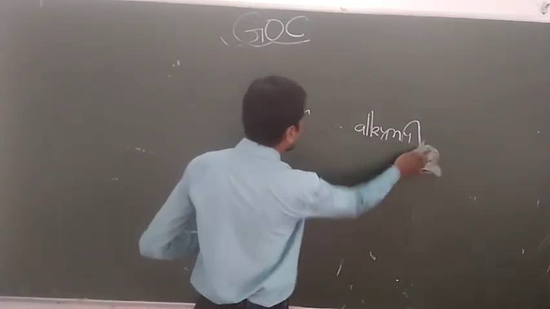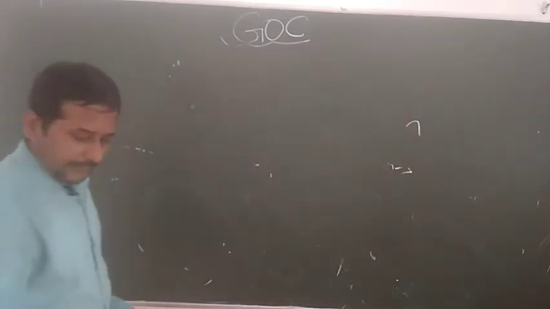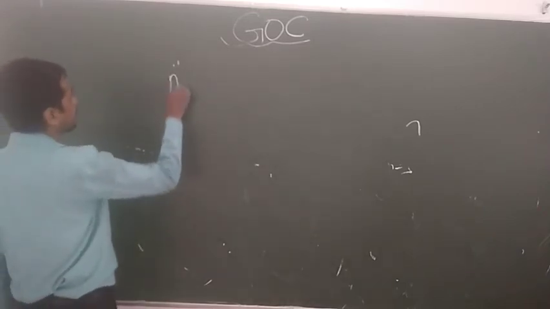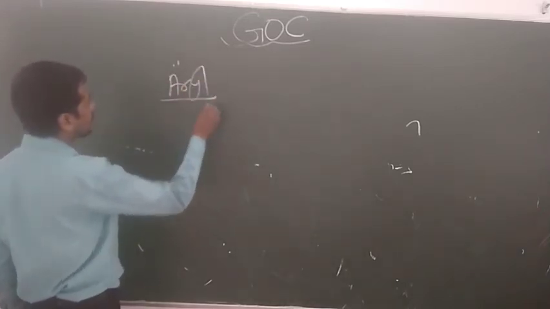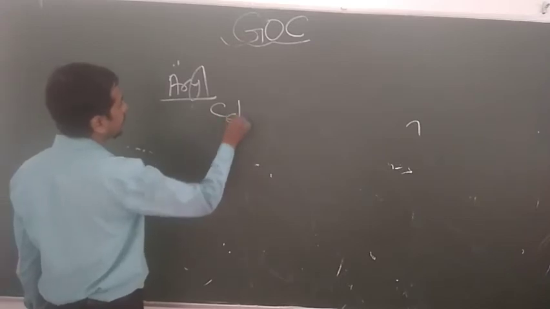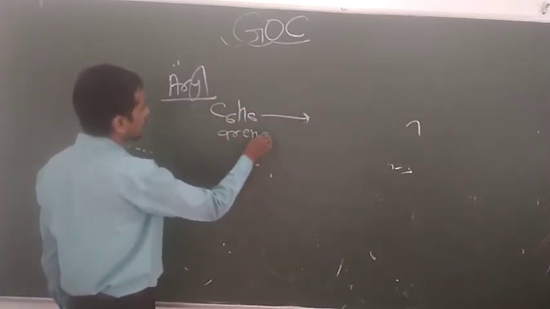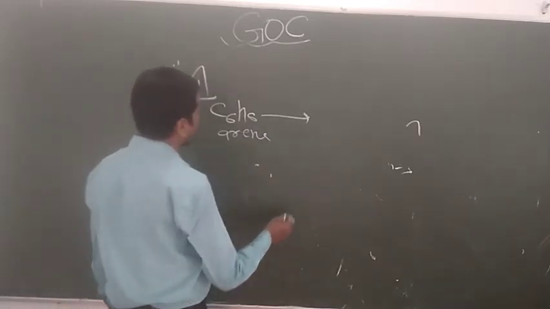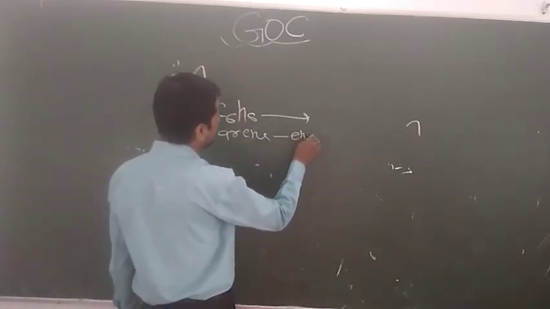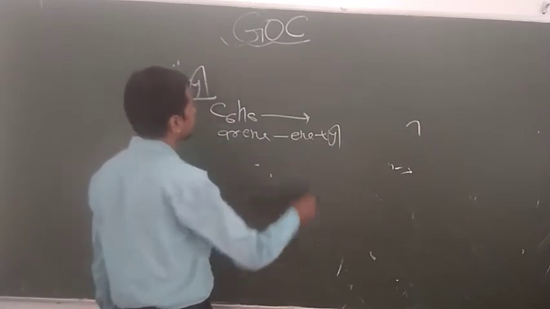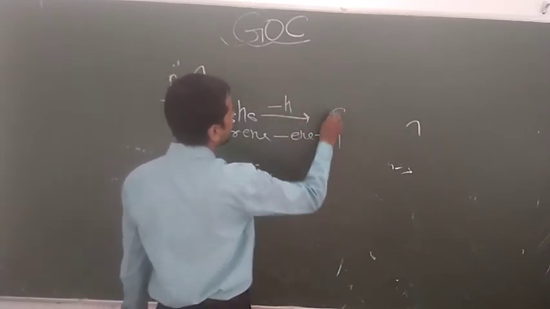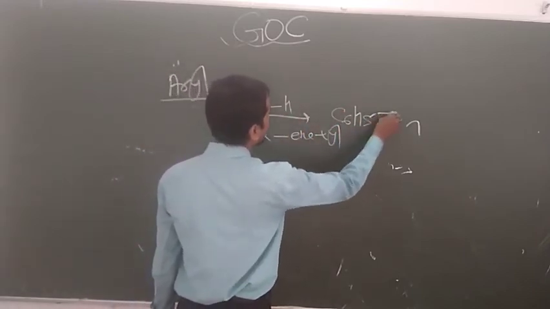Now some more groups you have to note down, that is the aryl group. Aryl is formed from benzene, C6H6. It is also known as arene. Now 'ene' is removed and 'yl' is added, as one H is removed. This will generate C6H5 with one bond free.